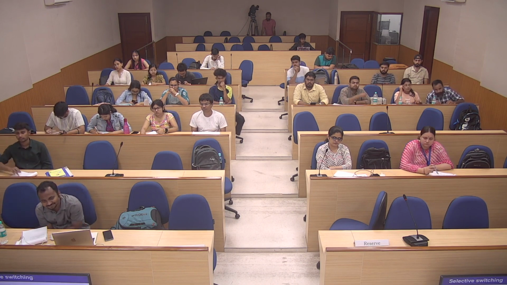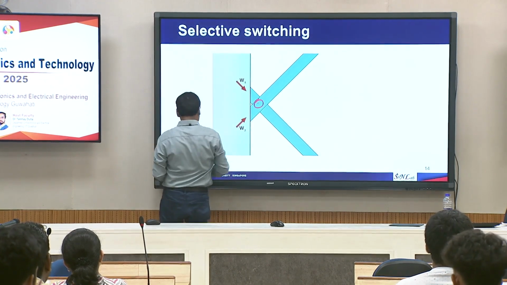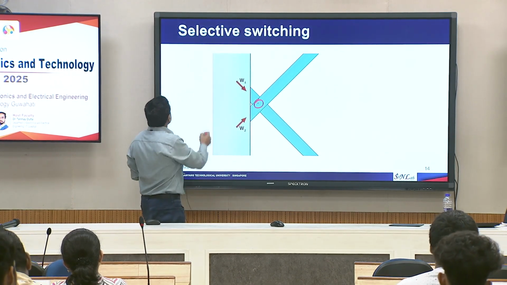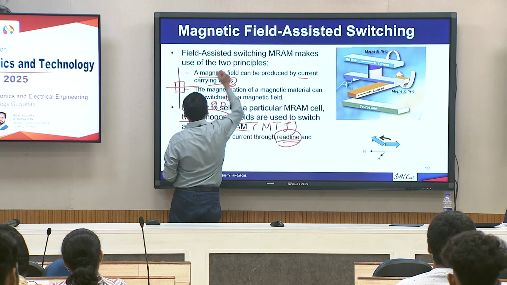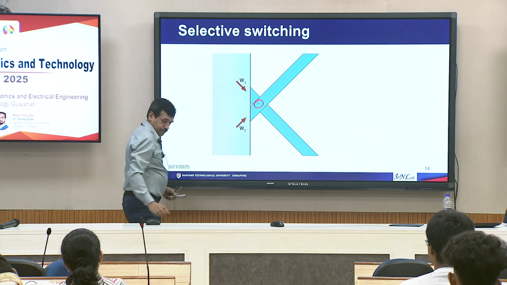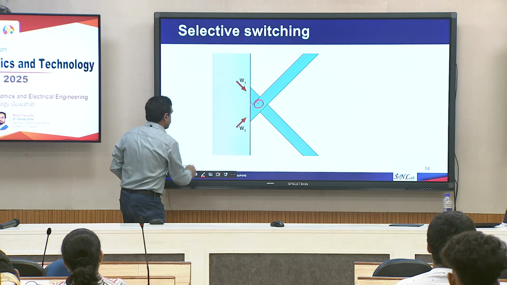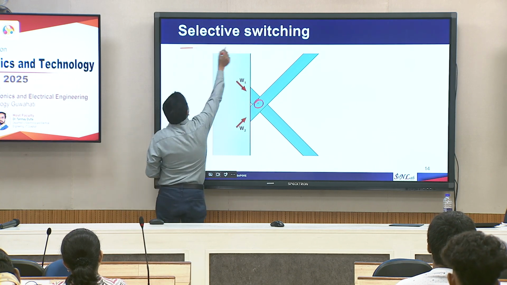Okay, the title of this slide is selective switching. So, what is the meaning of selective switching? Why do I use this word here?